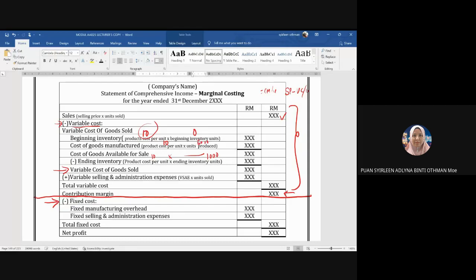Instead of getting cost of goods sold, you get variable cost of goods sold.